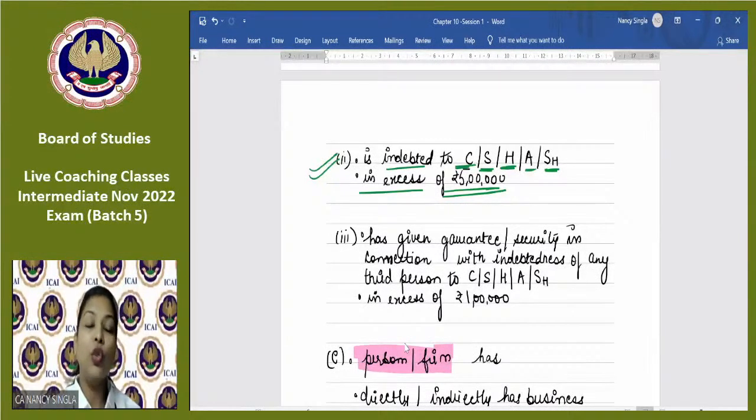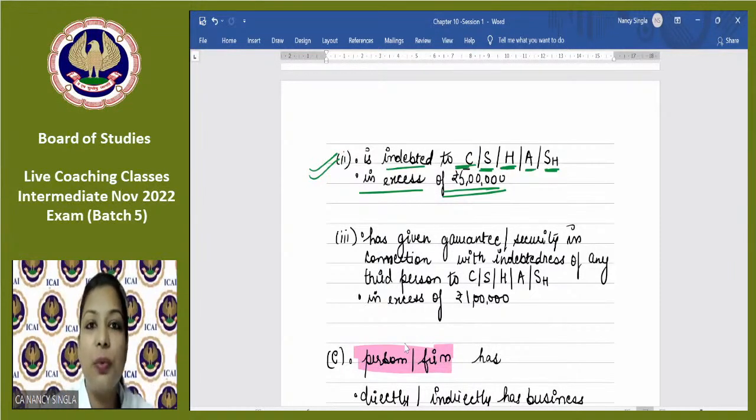ठीक है? So अगर CAX को देखना है कि whether he can be appointed as an auditor of A Limited, तो he'll see कि मैंने कोई लोन तो नहीं लिया हुआ है from this company, मेरी वाइफ ने तो कोई लोन नहीं लिया हुआ है, CAY ने तो कोई लोन नहीं लिया हुआ है, ऐसा तो नहीं है that I owe more than 5 lakh rupees to this company. ठीक है?